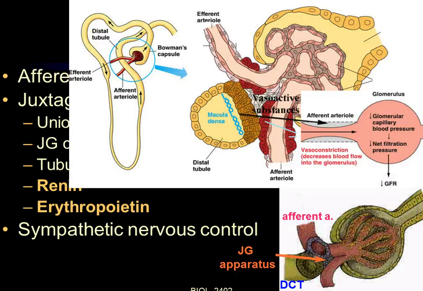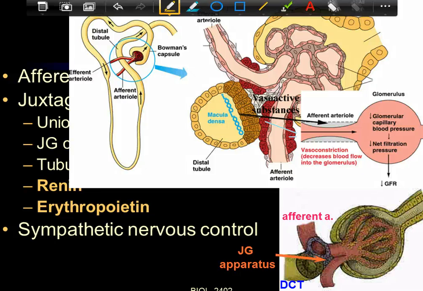And here's a better look, maybe, at that JG apparatus right there. Here's afferent, here's efferent arterioles, distal convoluted tubule right here, osmoreceptors right over here monitoring osmotic pressure of the urine that's being formed inside of here.